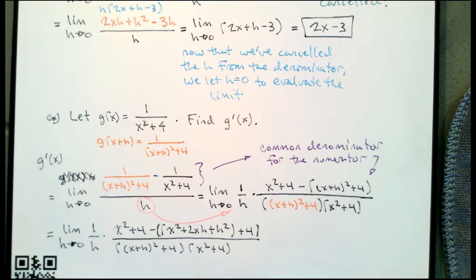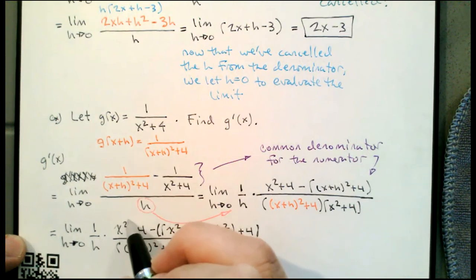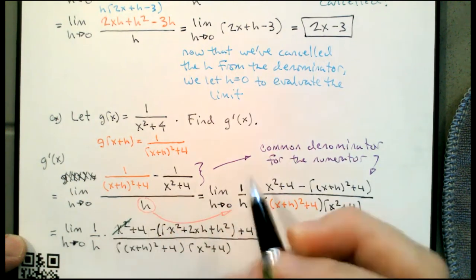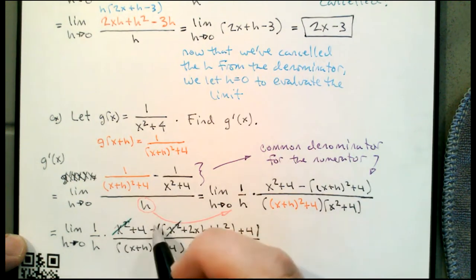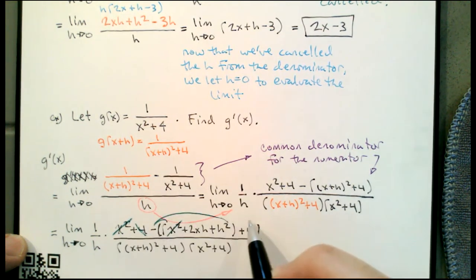And what is supposed to happen is exactly what happens. Everything in the numerator that doesn't have an h in it gets canceled out. I have this x squared minus x squared, and a plus 4 and a minus 4.